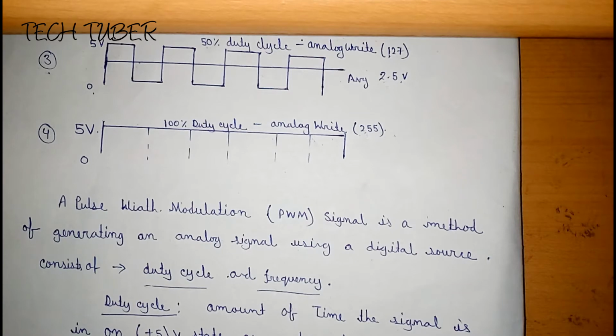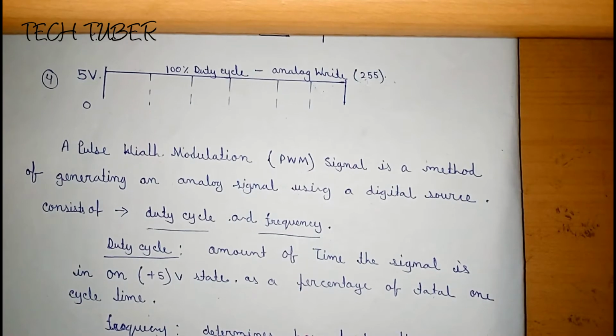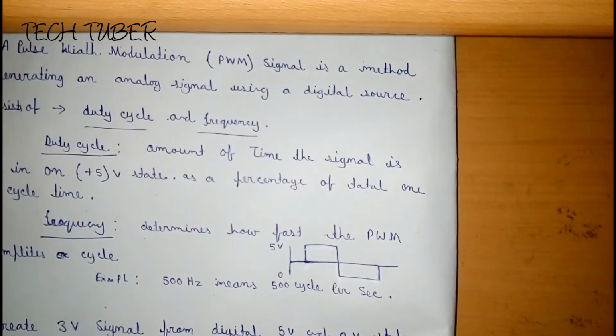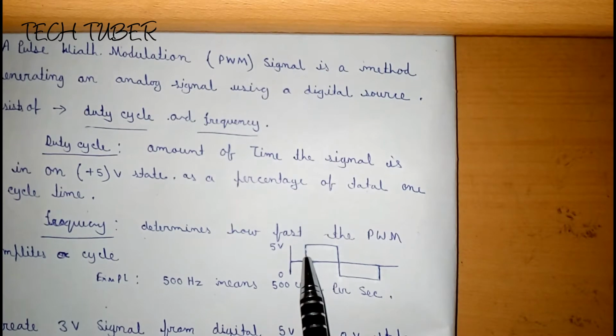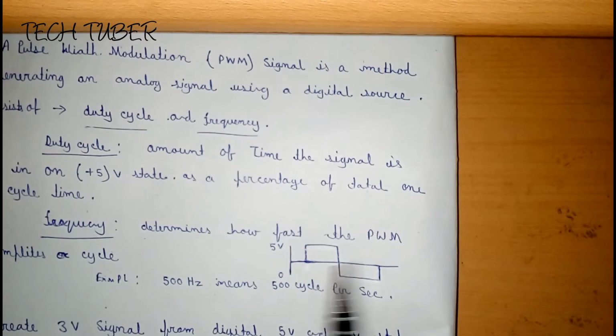So this PWM function consists of two main things. First of all, duty cycle. What is duty cycle? It is the amount of time the signal is at plus 5 volt state as a percentage of the total one cycle time. What does it mean actually? Let us consider a complete square wave cycle, which takes some amount of time T, and the amount of time at plus 5 volt state is, let us consider, T by 2.